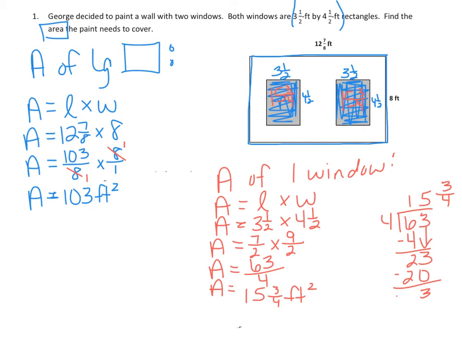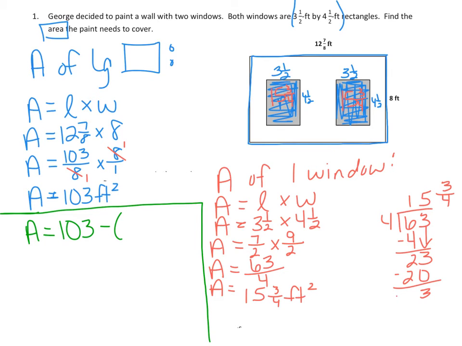So I'm going to do my last step, which is multi-step, but of course. I'm going to break these apart so I know that they aren't the same. So I'm going to find area is equal to 103 minus, and I'm taking away the windows. So I'm going to do 15 3/4, combining them to then take away their total.